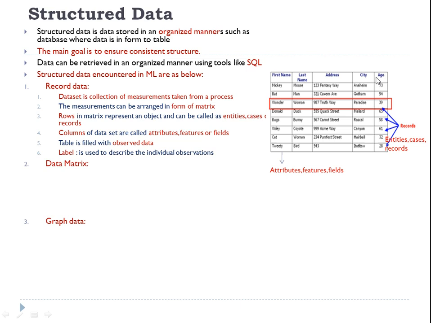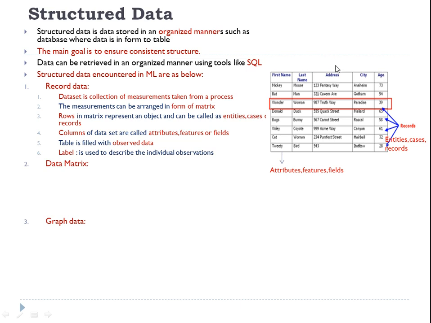Let's say I give the columns: the columns are going to have the attributes or the features of the flowers, and the rows are used to store the entities, cases or records. Normally each row we call a record, and we will have some kind of labels.